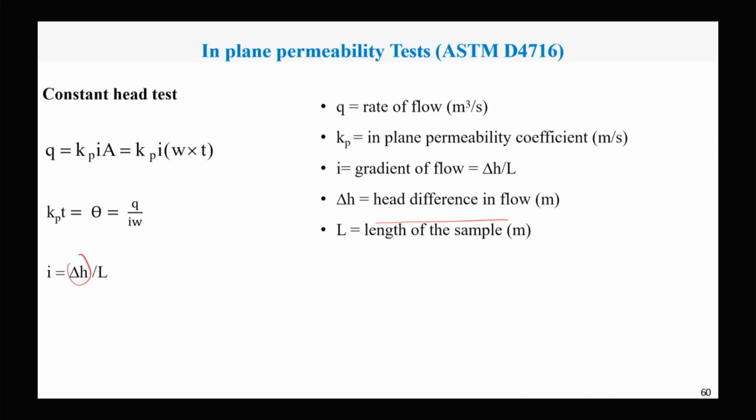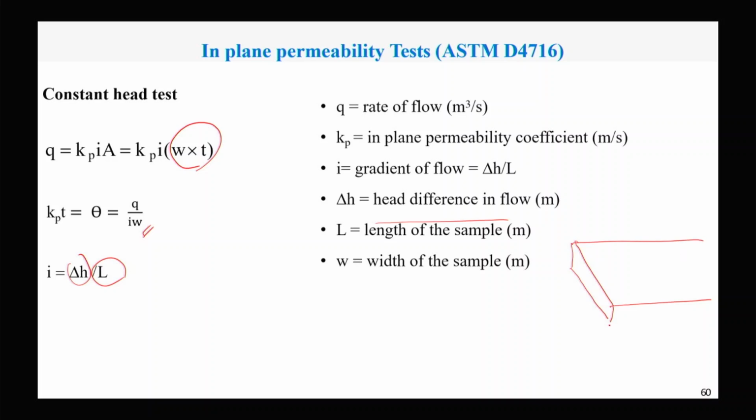L is the length of the sample. W is the width of the sample. And W and T make the cross section of the test specimen.